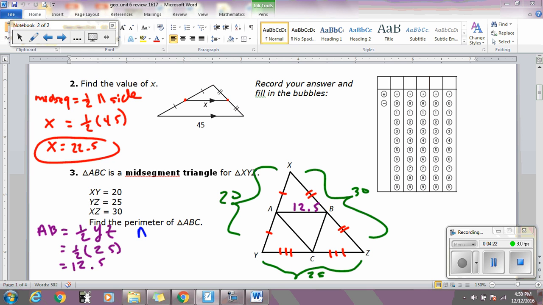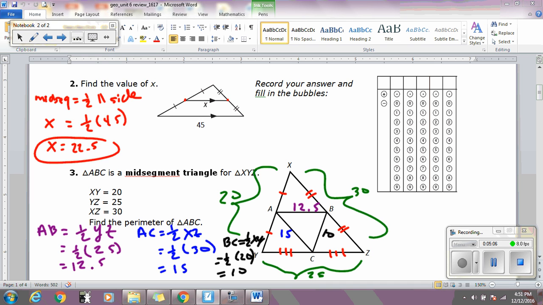I can find AC because I know AC is 1/2 of XZ. That's the side AC is parallel with. So that means it's 1/2 of 30, which means it's 15. So AC is 15. And then lastly, I can find BC, which is 1/2 of XY, which means it's 1/2 of 20, that means it's 10.